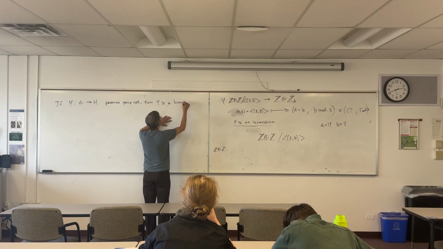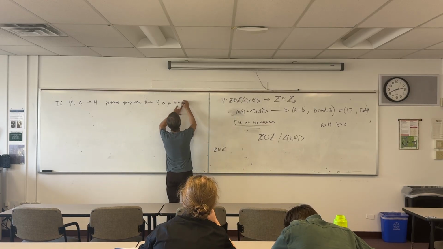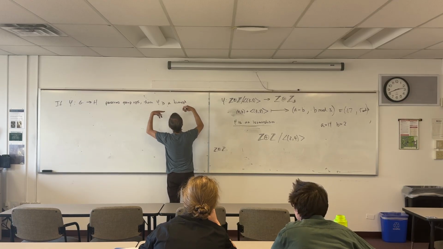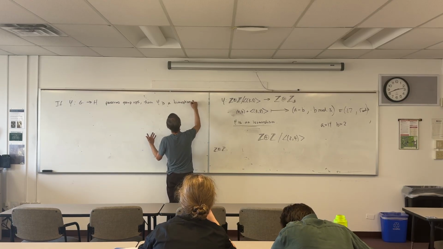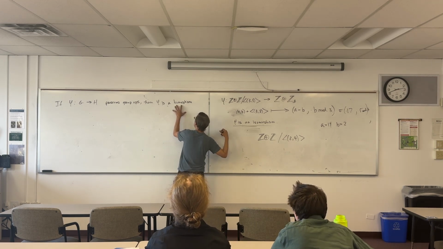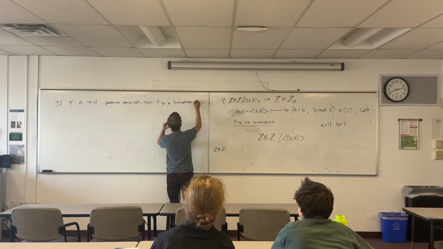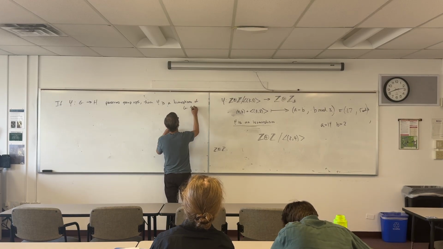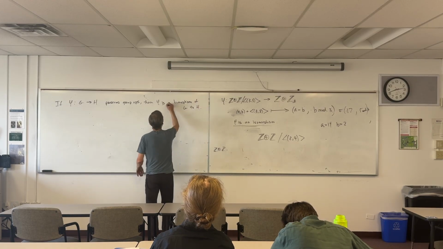So it's preserving structure. The morph is the structure, and it's saying that they have similar structure but not identical. The iso is identical. This is similar structure. Phi is a homomorphism of G to H.